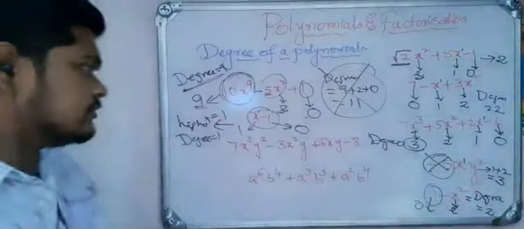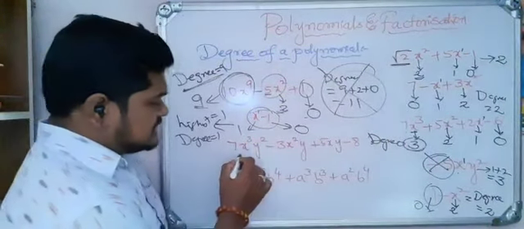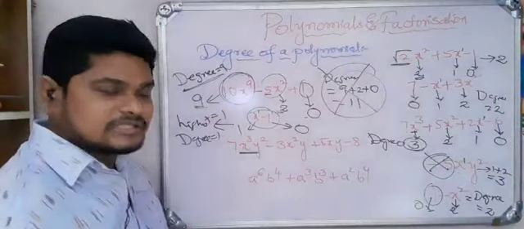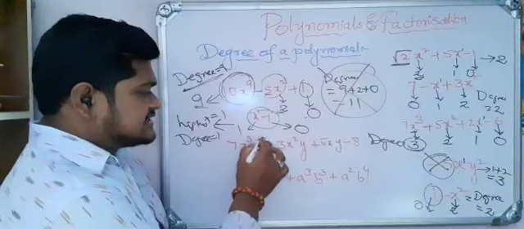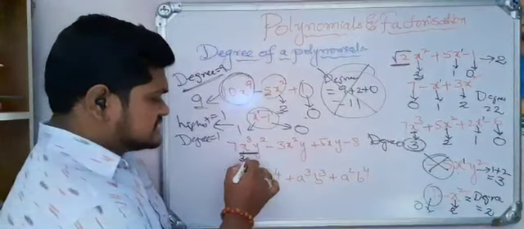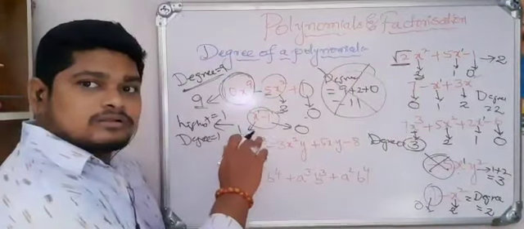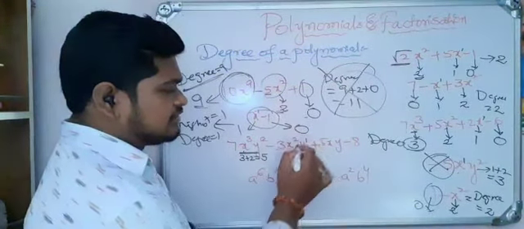Next, here we have to do very carefully. Don't confuse. See here, what is the degree? Except 7, remaining 3. Power 3 is there, power 2 is there. So orally this is 3 plus 2, that is equal to 5. It is the degree of the first monomial. Again we have another monomial here. Power 1 will be there.